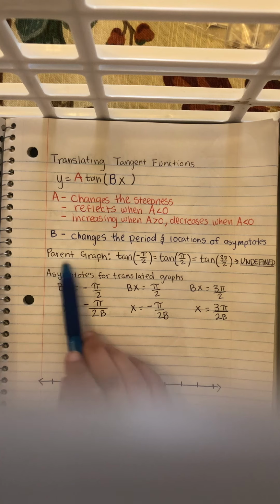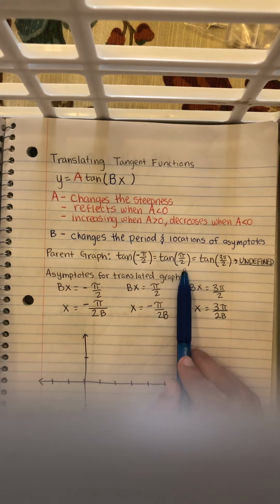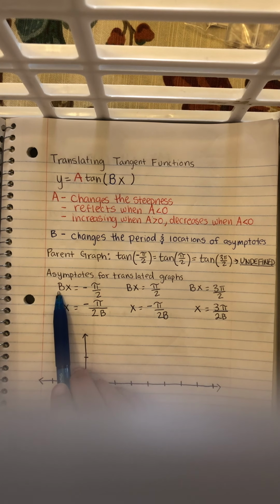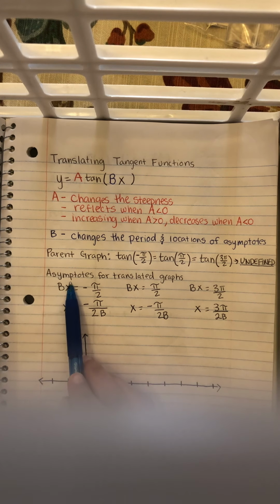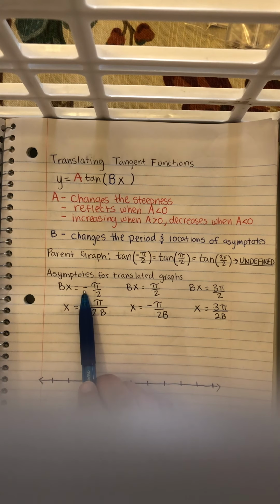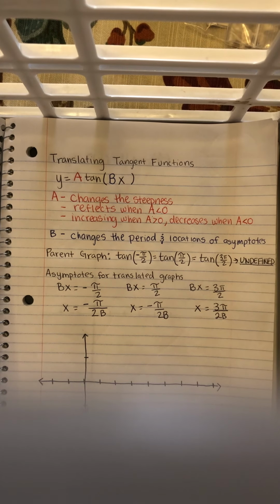On our parent graph, we had 3 asymptotes at negative pi over 2, pi over 2, and 3 pi over 2. And that's where our cosine values were equal to 0. So as we change the b value, what that means is whatever's on the inside of the tangent function, whenever that's equal to negative pi over 2, pi over 2, and 3 pi over 2, we're going to end up with asymptotes.